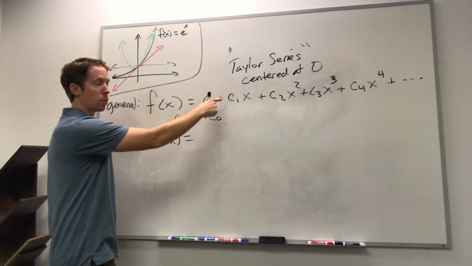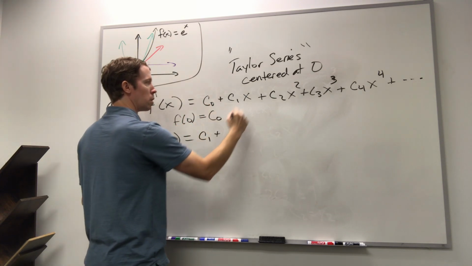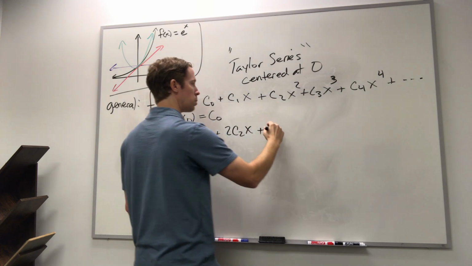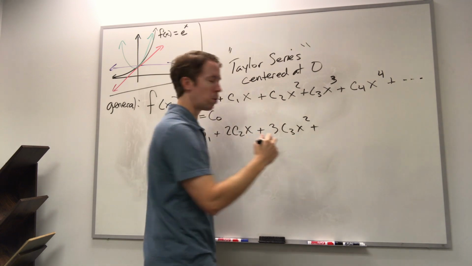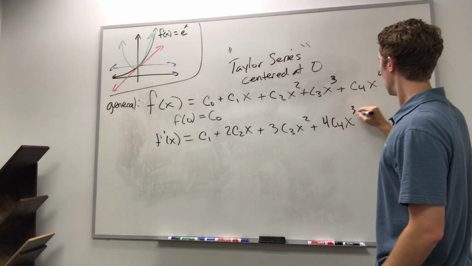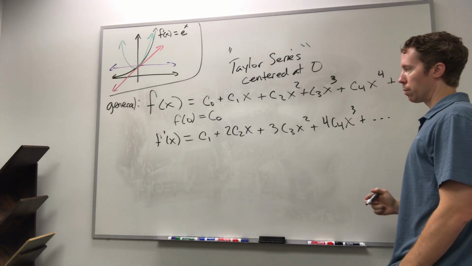So take the derivative of both sides here. You get c1 plus 2c2x. And I'm going to write down more terms. 3c3x squared, 4c4x cubed, and so on. It follows a pattern that we could write down fairly easily.